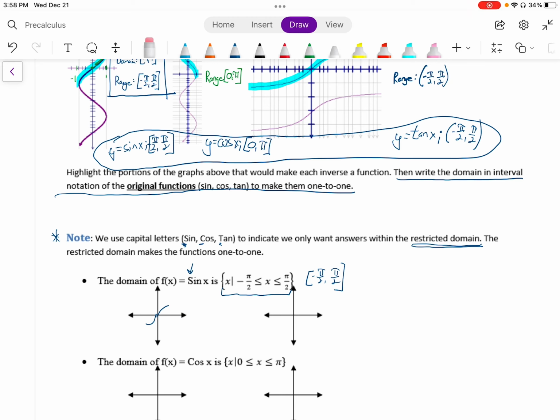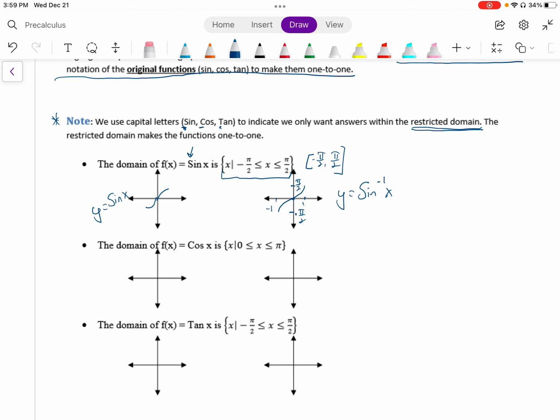So that's the sine of x. Now I'm going to do y equals capital S inverse sine. And so that still goes through 0, 0, but it actually looks like this, where the domain is negative 1 to 1, and the range is negative pi over 2 to pi over 2.